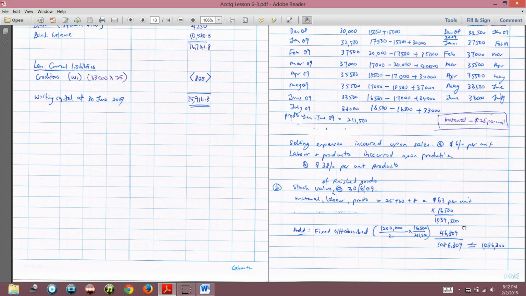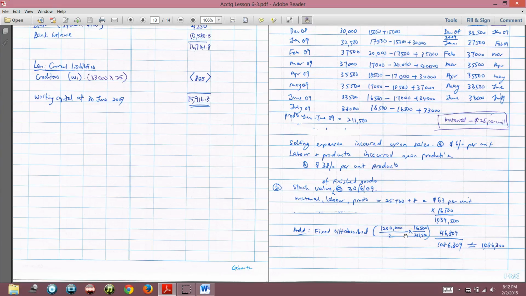Okay, so previously we have explained the fixed overhead has to be absorbed into the cost of the stock. So that means the material, labor, and production expenses incorporated in the closing stock amounted to 103,900. So the allocation of overheads into this closing stock will be, you see the total fixed overhead for the whole year is 1.2 million.